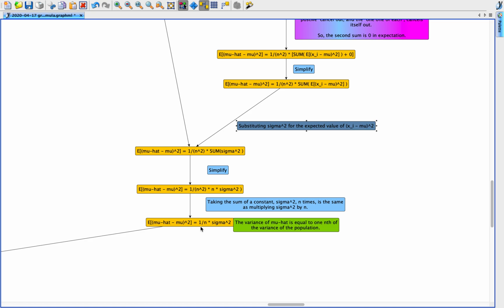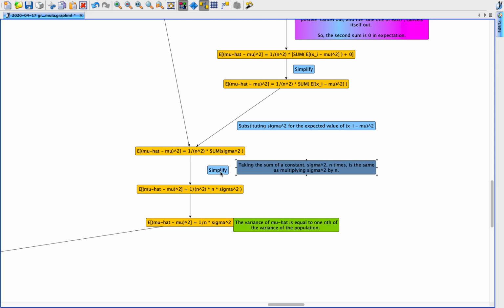And then we can simplify. This n cancels out with one of the n's in the denominator here, so we end up with 1 over n times sigma squared.